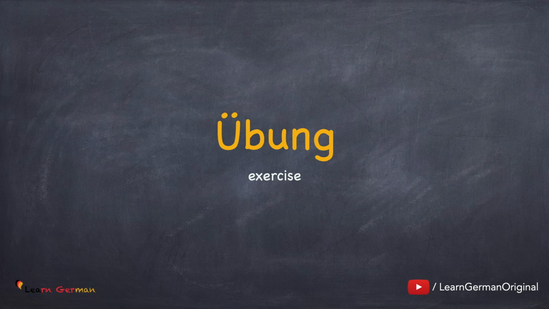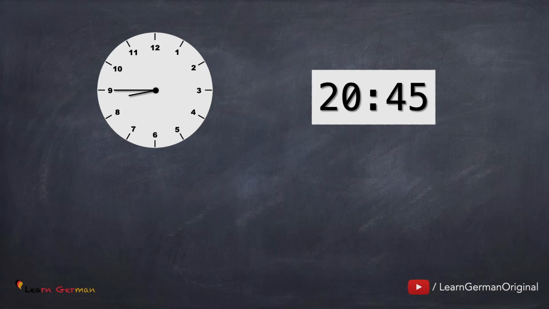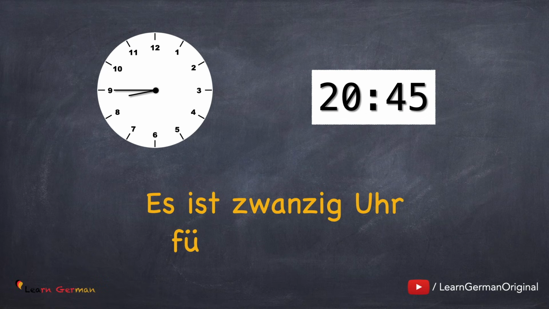Übung. Let's do an exercise to see how much you have learned. Wie spät ist es? Do let me know what time it is. So here's the first one. And your answer should be, es ist 20 Uhr 45.